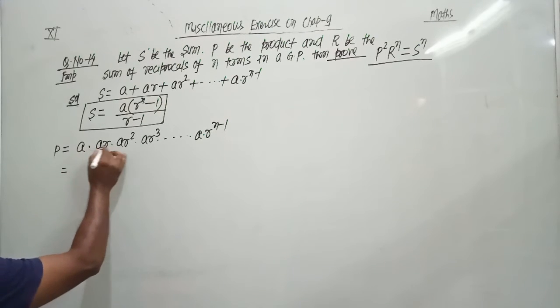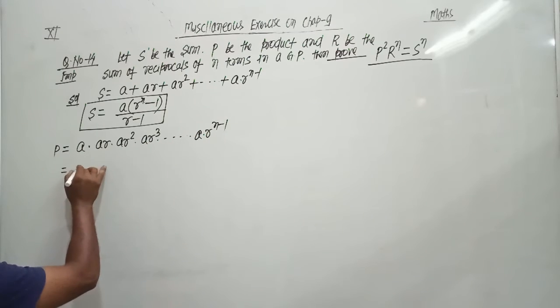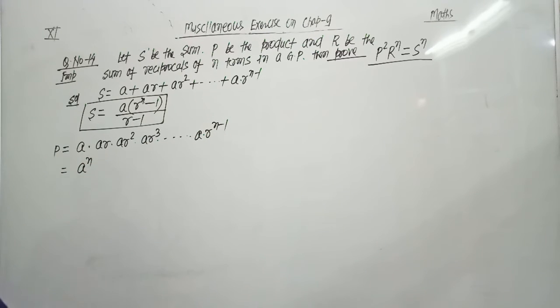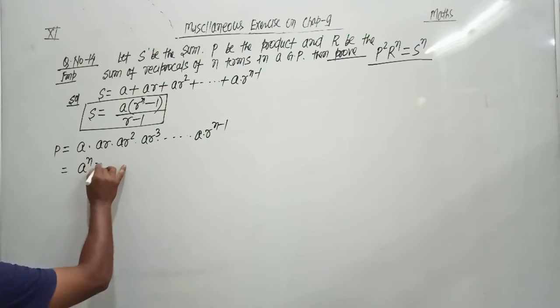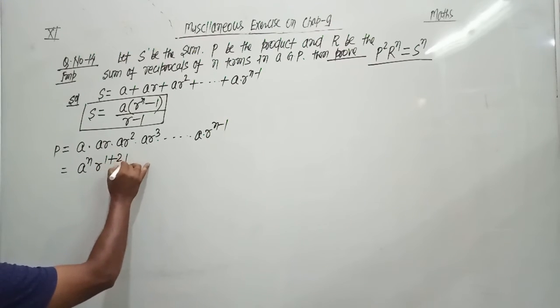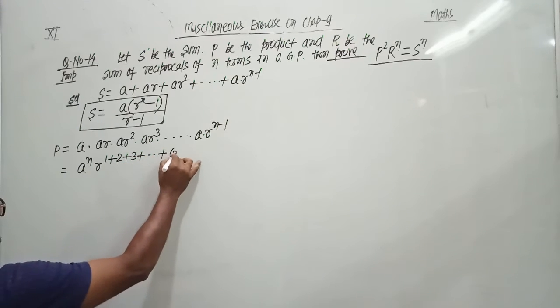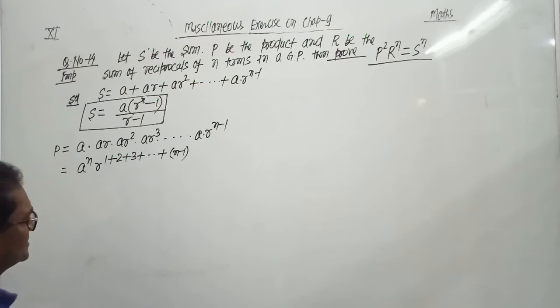So this becomes a raised to the power n and r raised to the power 1 plus 2 plus 3 up to n minus 1 terms.